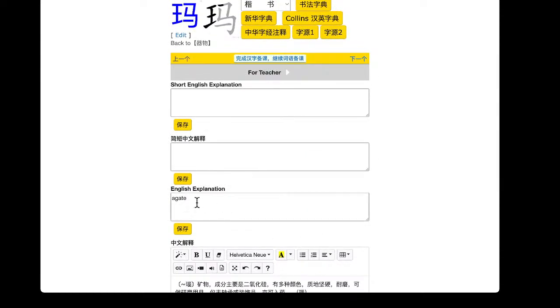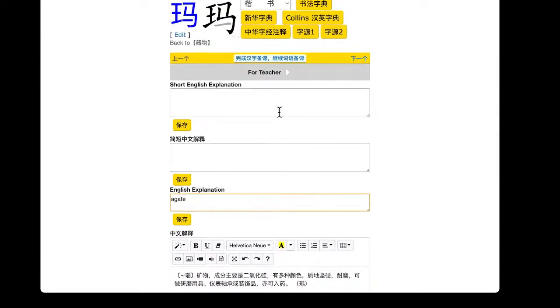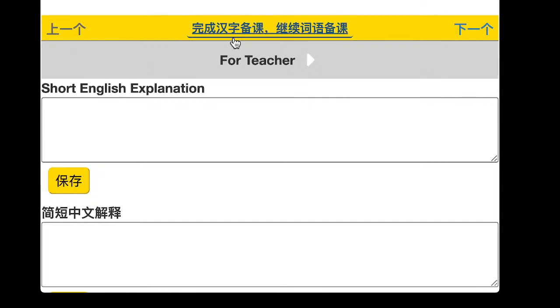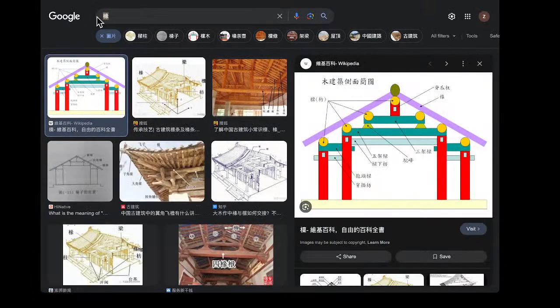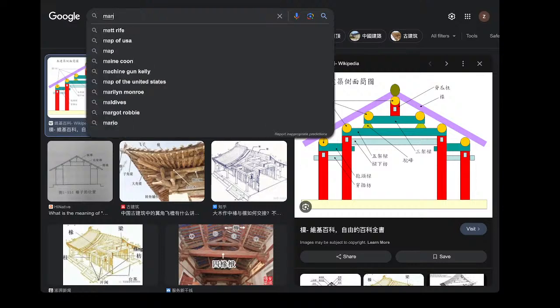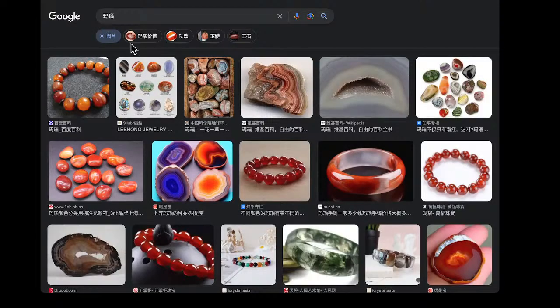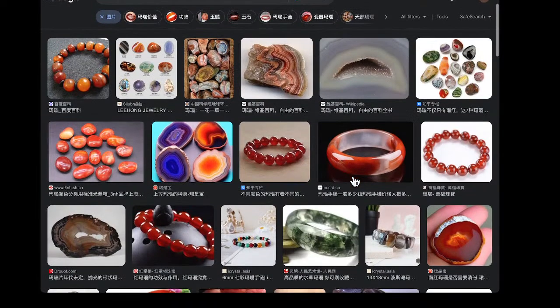The agate called 玛瑙. When you say agate, you will probably know. So this kind of thing, agate. 玛瑙. You see, this is a thing that you can make very beautiful stuff.